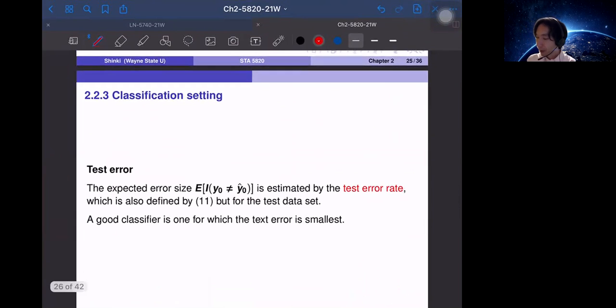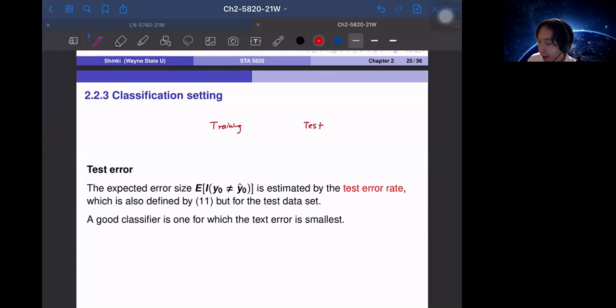Okay, and the test error. On the last page we discussed the error rate, but that is basically the training error because we used y1 to yn. If we have a large data set, we can divide it into a training set and a test set. Then we can evaluate the test error.